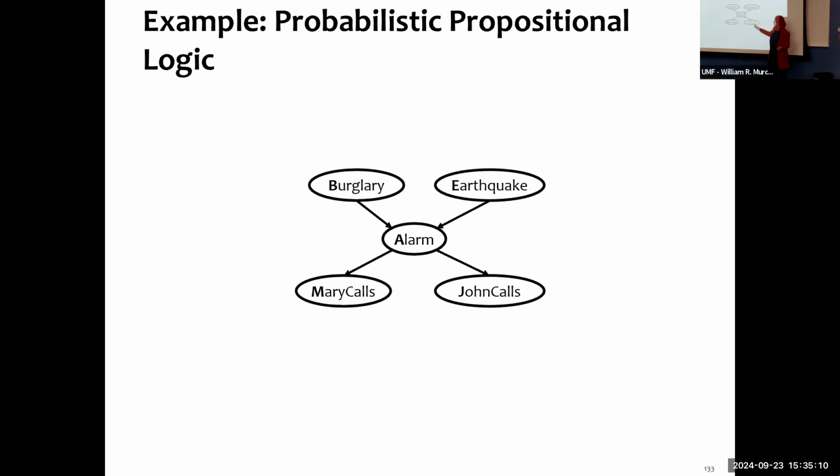And if you are calling John, maybe John will think that it's an alarm in his phone or something. So it's a set of connected events. If I take only the example of one alarm installed in my house, there are infinite possibilities.